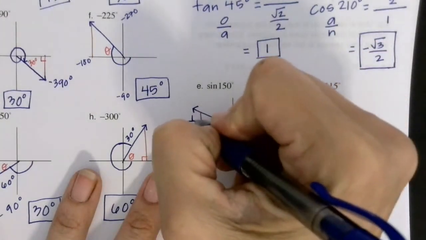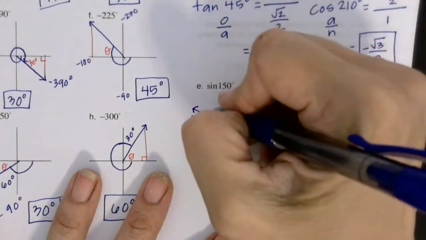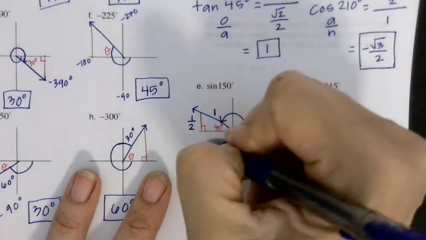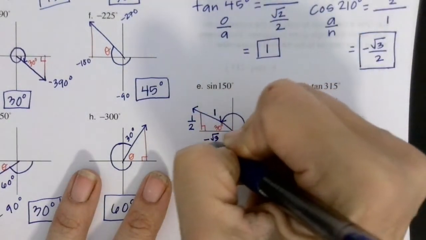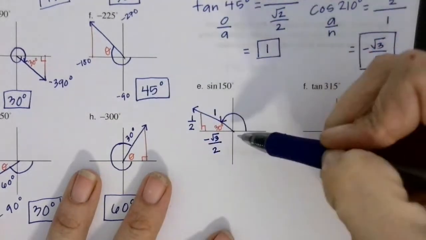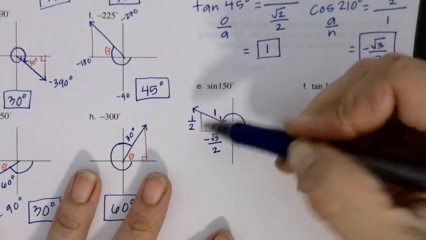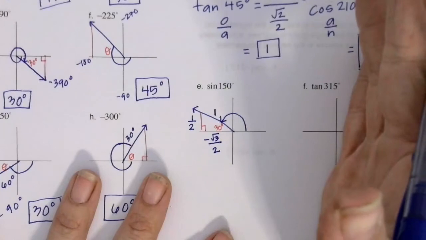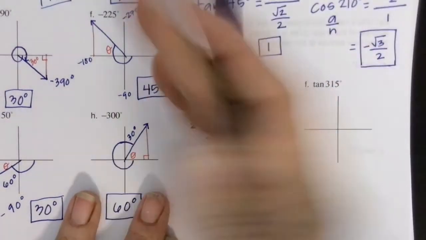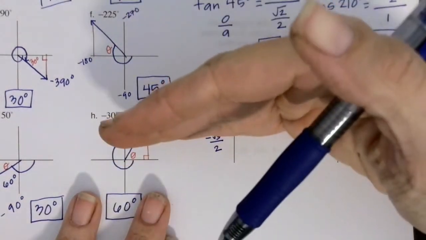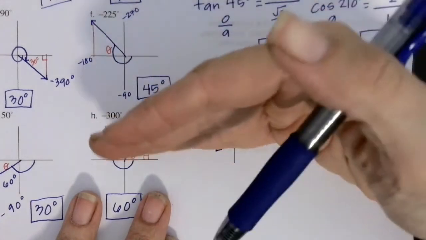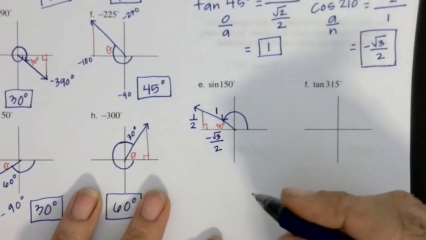Opposite 30 degrees is always 1/2. The hypotenuse is always 1, and this guy is actually going to be negative root 3 over 2 because you're in the negative x-axis. So anything over here is positive x-axis, anything over here is negative. For the heights of our triangle, anything up here is positive, and anything below the x-axis is negative.